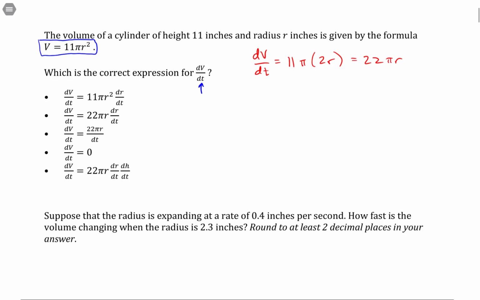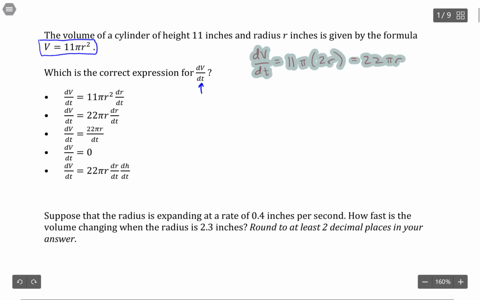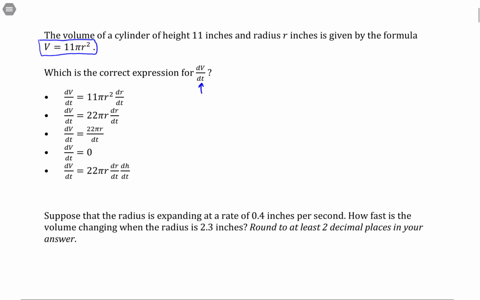Now, what we have to do that's correct is assume that both V and r change with respect to time. So the volume of this cylinder changes with respect to time, and the radius changes with respect to time.